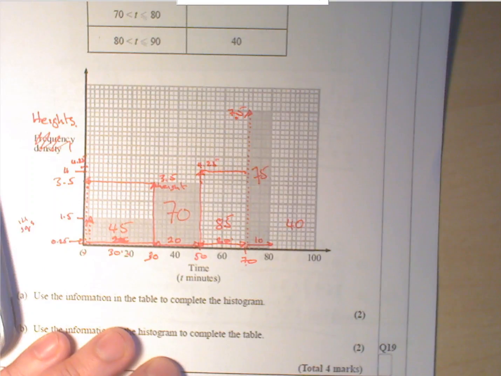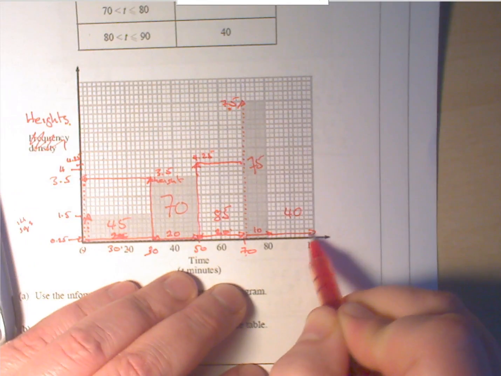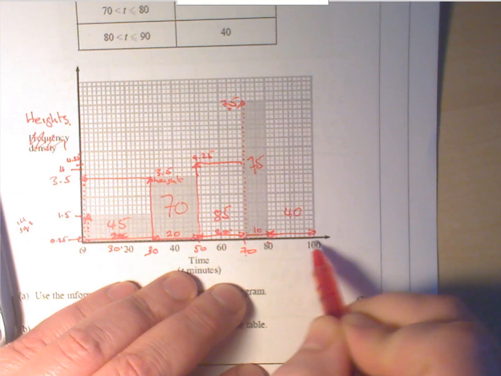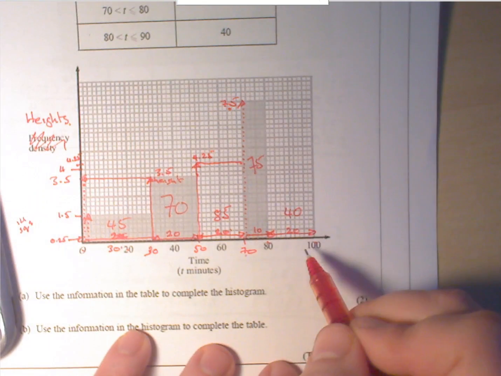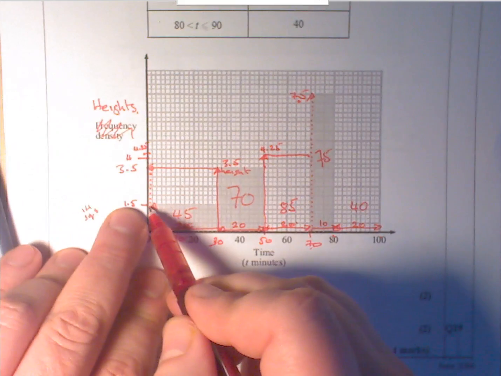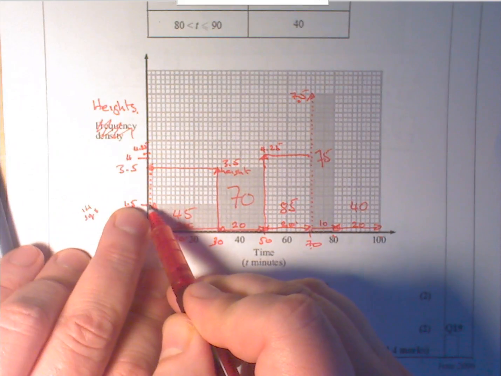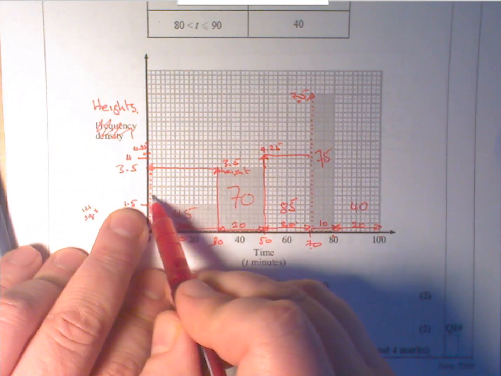Okay, so that's 75, and then the last little bit I've got to do is to work out how high this box is going to be. 80 to 100 makes that a width of 20. What multiplies with 20 to give you 40? Well, that's obviously 2. And over here we had 1.5, and so I need to go another 2 squares up to give me 2, which is that line there.